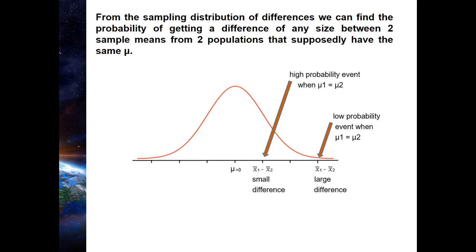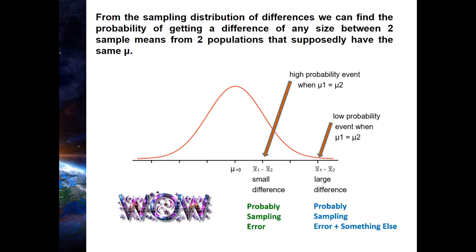And just to wrap up, again, if we see small differences between our sample means, then we're going to chalk that up to sampling error. We have 2 groups here, 2 sample means. They're probably not different. It's probably just sampling error.